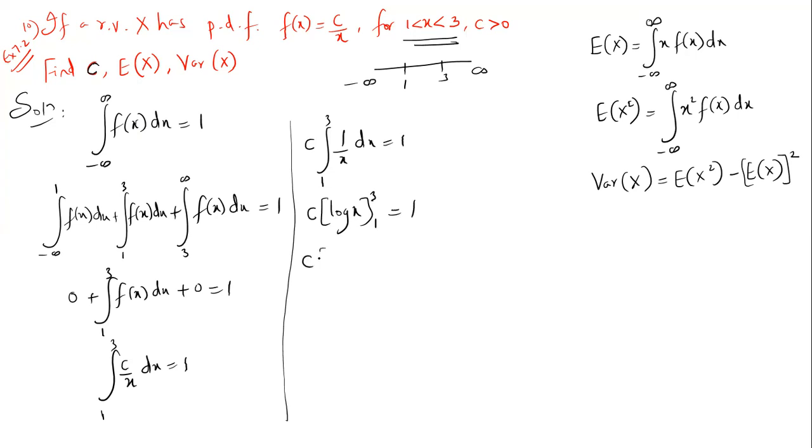Now upper limit is log 3 minus log 1 is equal to 1. Log a minus log b is nothing but log a by b. The log of 3 by 1 is log 3 only. So c is equal to 1 upon log 3.